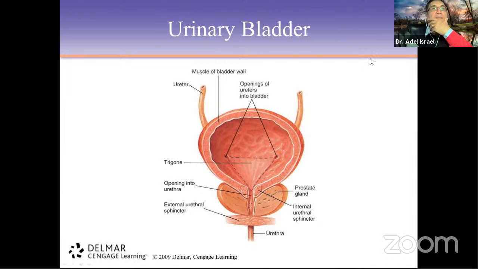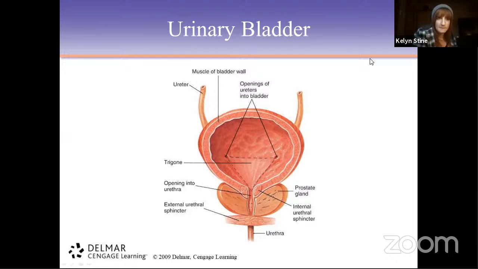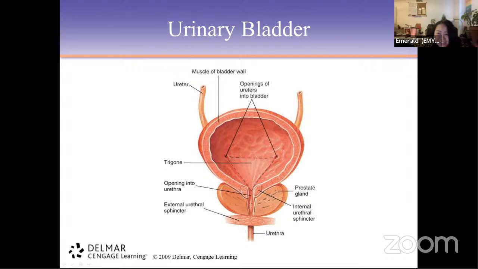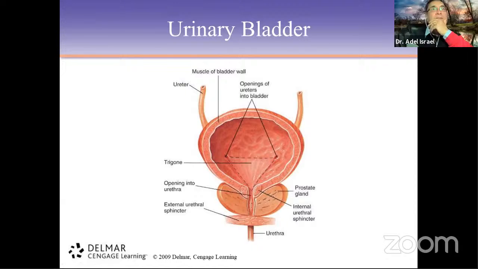Emmy, you said this is for female? Yeah, that's what I thought. Why? Because I was looking at the bladder wall, but both men and women have a bladder wall. Okay, so what is your answer?